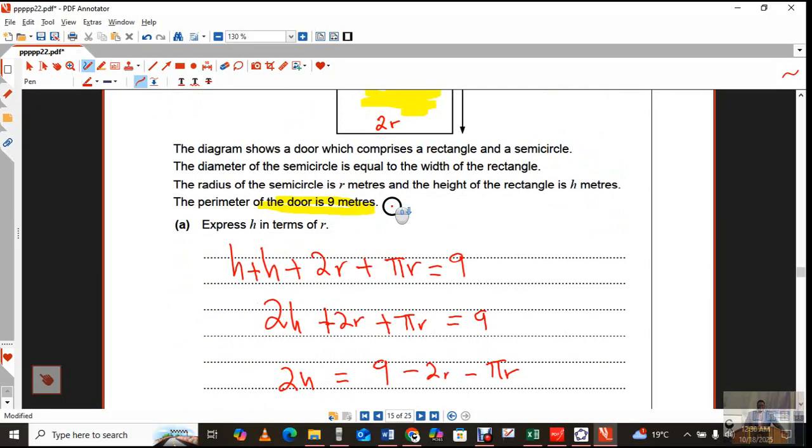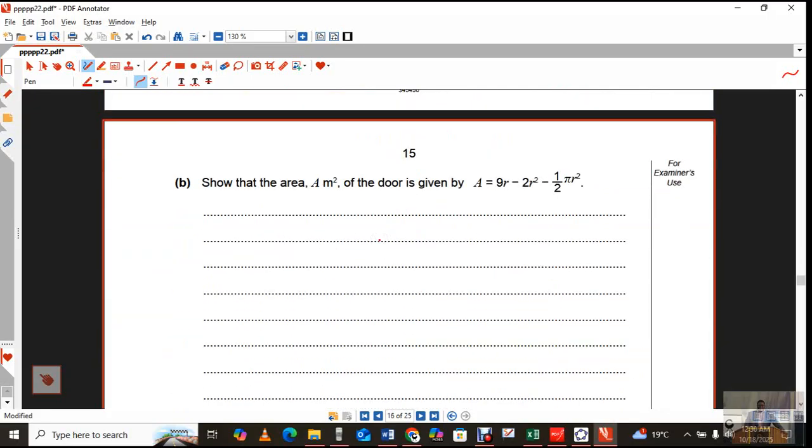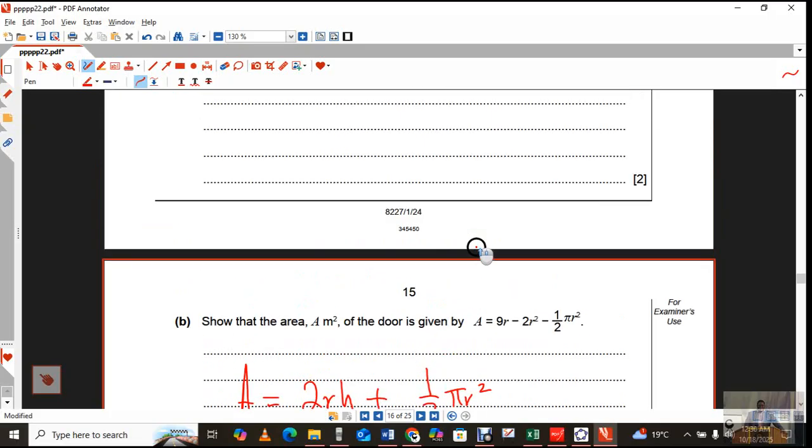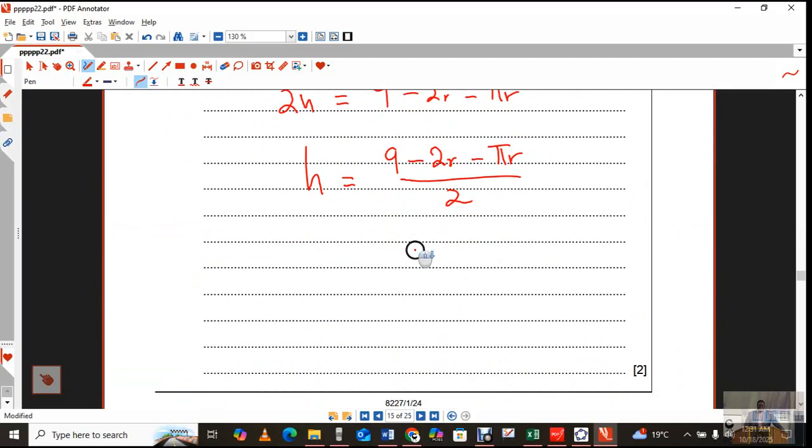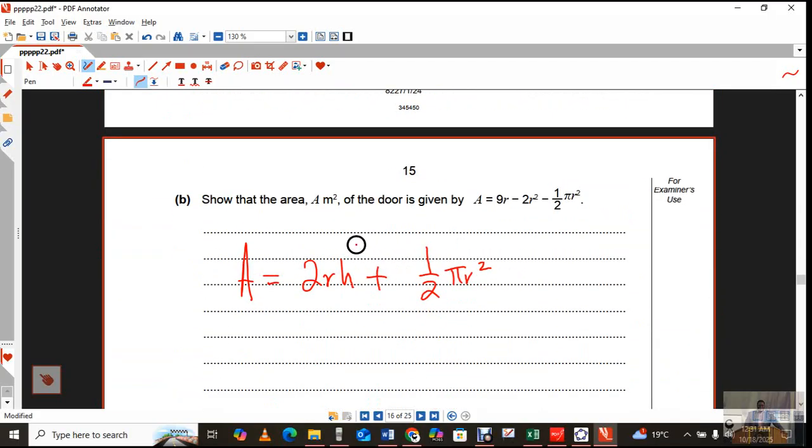So the area will be 2rh plus a half pi r squared. That's the area. Good. So now they say show that the area is equal to that.